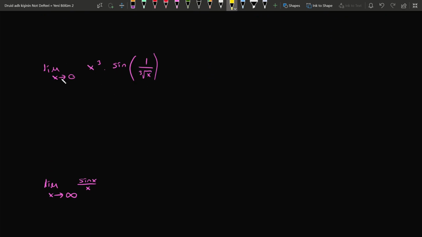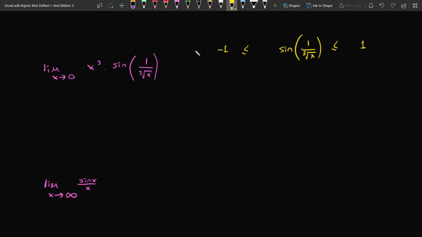Limit of x cubed times sin 1 over cube root of x. We can see that clearly. So of course we will think that because we have 0 times a bounded function, the first thing we need to think of is the squeeze theorem. So let's see, sin 1 over cube root of x is between 1 and negative 1.